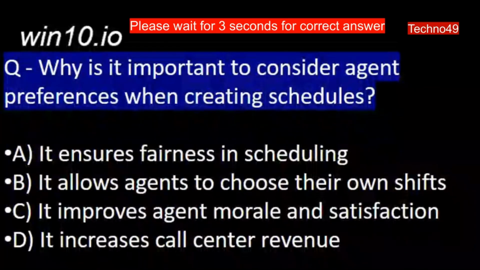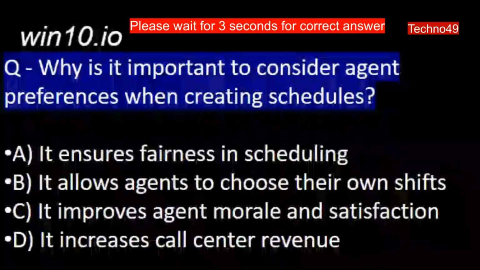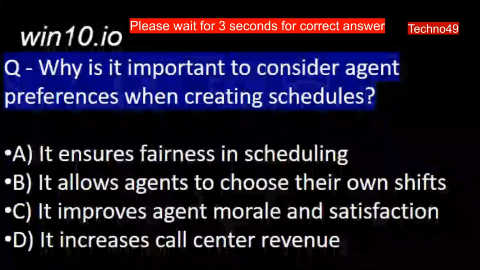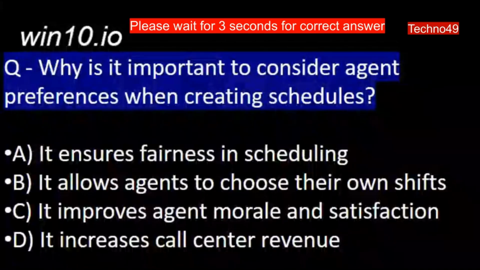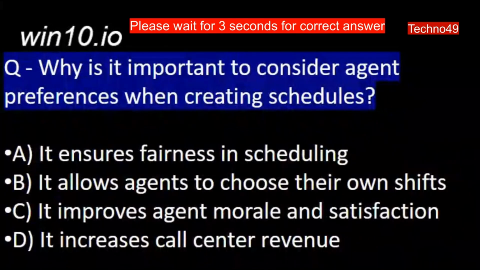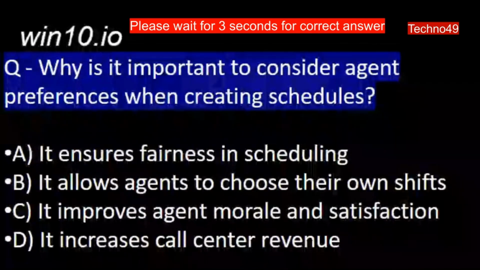Correct answer for this question is option C, it improves agent morale and satisfaction. It is very important to consider the agent preferences when creating schedules, so that if the agents have any kind of preferences, they can have it. This will definitely increase the morale and the satisfaction of the employees.